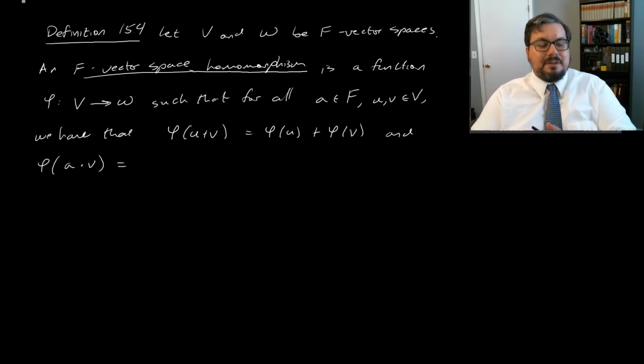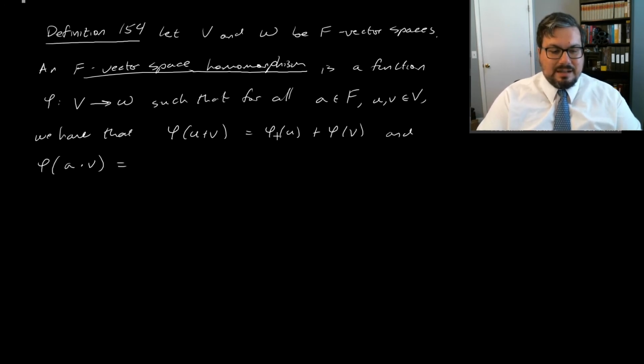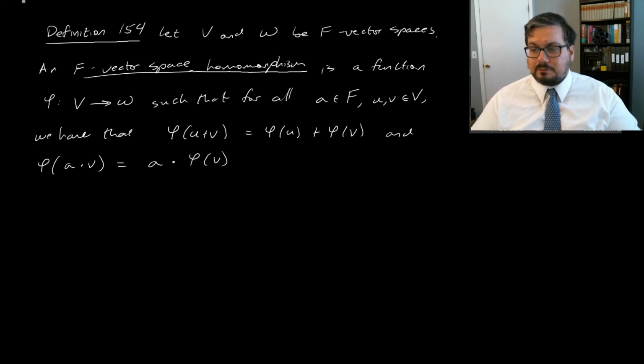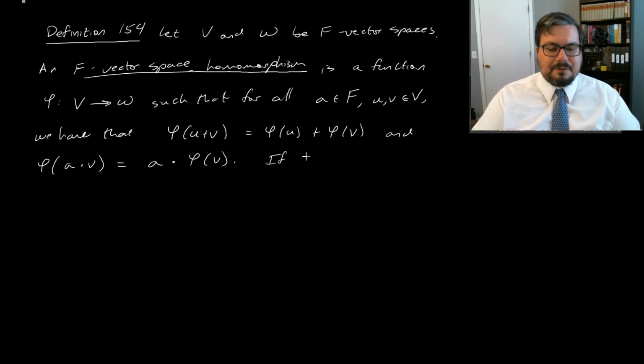So if I take phi of a times v, where a is an element of F, that's the same as a times phi of v. So it shouldn't matter whether we apply the action of F before or after applying the function phi. And a function phi which does this is called an F-vector space homomorphism. Now, if this phi is bijective, we say it is an F-vector space isomorphism.